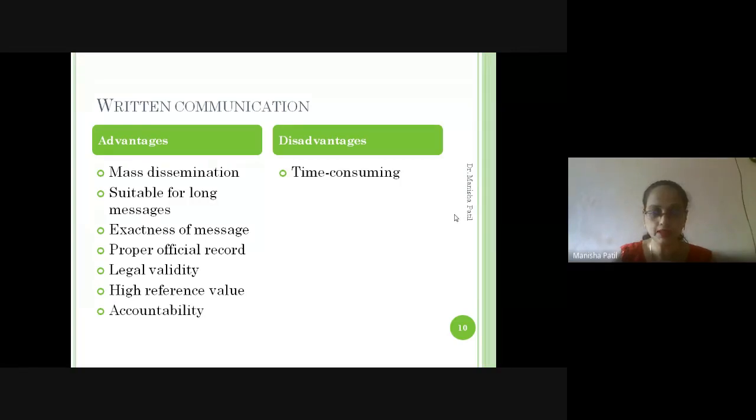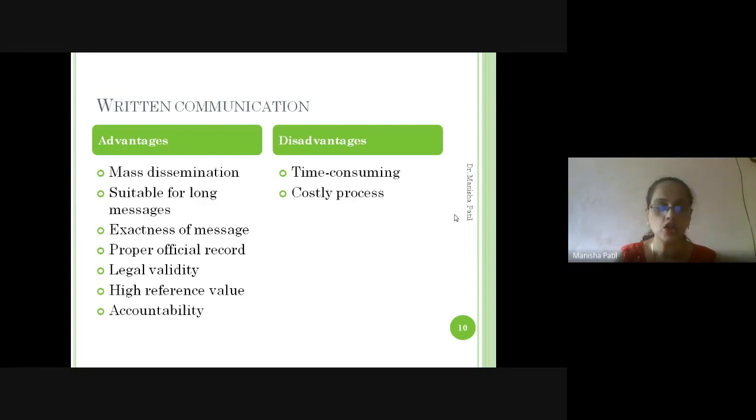Now take the example. I'm speaking over here. My speed is more. You are writing down these points. Your speed is less. So it is taking more time. Writing always takes more time than speaking. So it is time consuming.